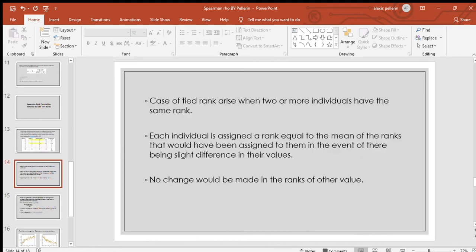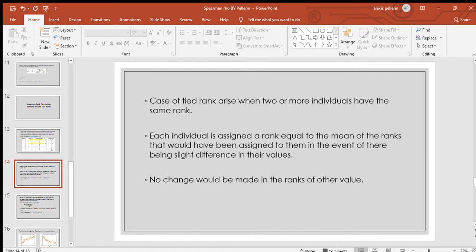The case of tied ranks arises when two or more individuals have the same rank. Each individual is assigned a rank equal to the mean of the ranks that would have been assigned to them in the event of there being slight differences in their values.